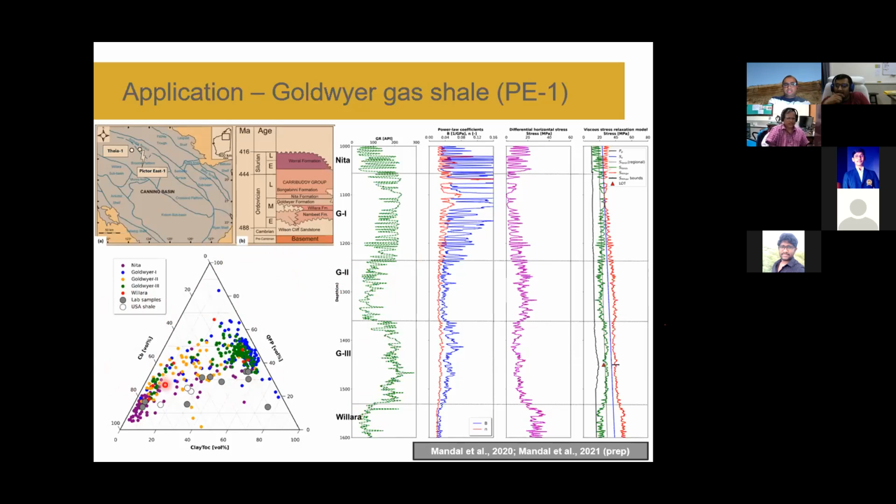We don't have that amount of database available here, but a similar creep experiment was recently done on US gas shale, with mostly more carbonate-rich samples. We considered a couple of their data points so that we can get a broad range of database to establish the relationship between two of the creep parameters, B and N. This should not be a problem because we validated not only this well, but two other different basins as well. Here we are showing in this logarithmic plot the gamma ray response.